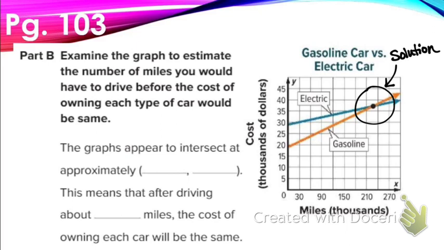Where's cost on here? Y-axis. Okay, so I take this point and track it over here. It falls in between 35 and 40. If I asked you to estimate that amount, 37 sounds good. Is it just $37? It costs $37 to own this car?